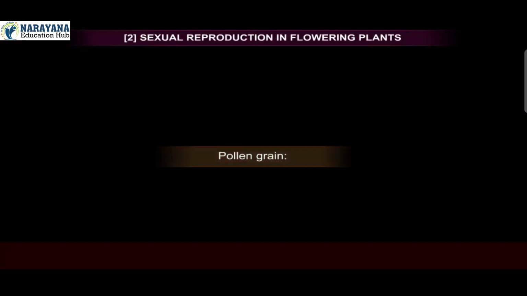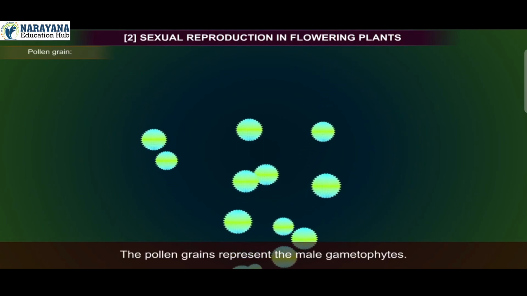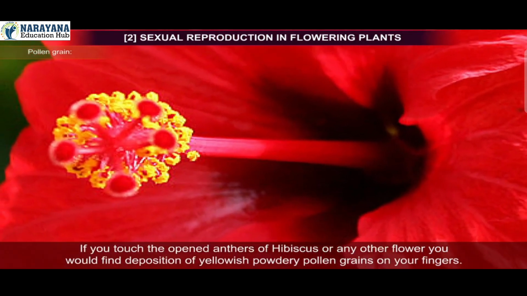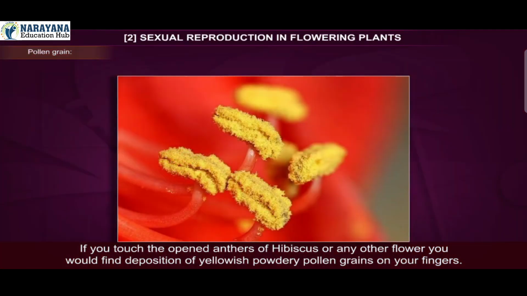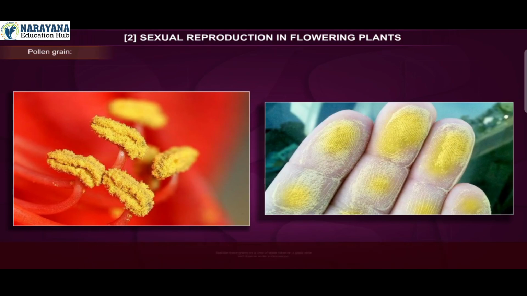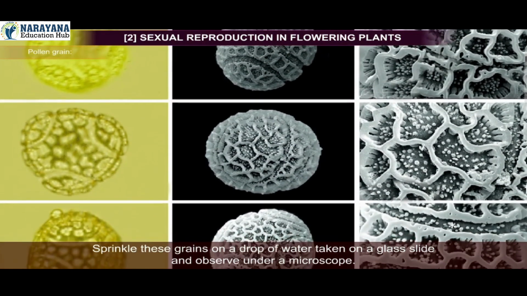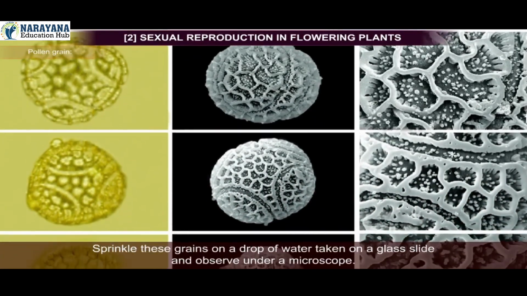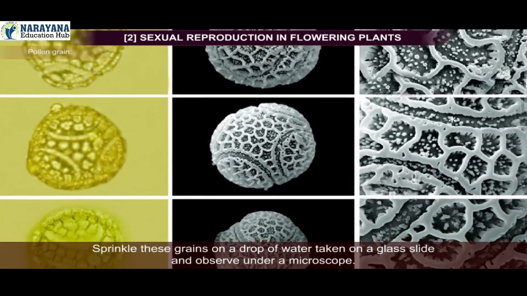Pollen grain. The pollen grains represent the male gametophytes. If you touch the opened anthers of hibiscus or any other flower, you would find deposition of yellowish powdery pollen grains on your fingers. Sprinkle these grains on a drop of water taken on a glass slide and observe under a microscope.